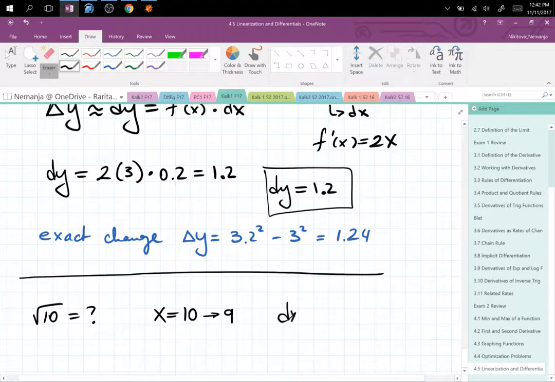So what's dx? It's 9 minus 10. Sorry, 10 minus 9, which is 1.